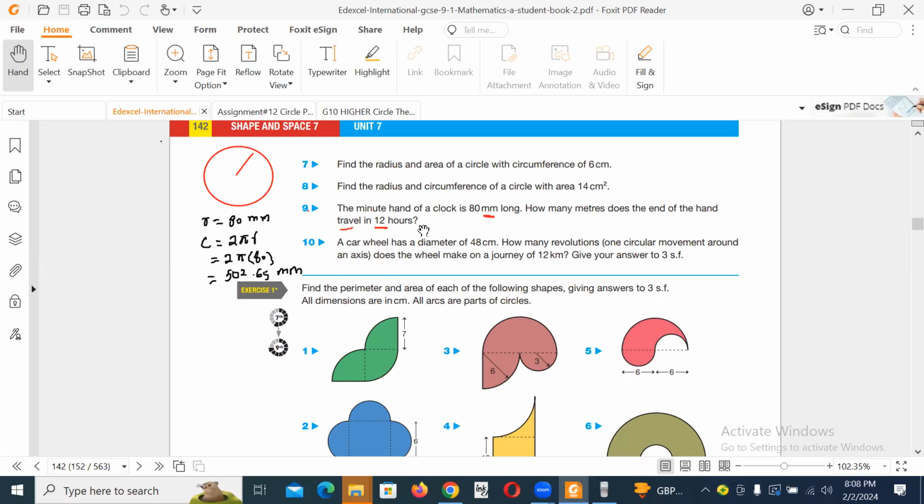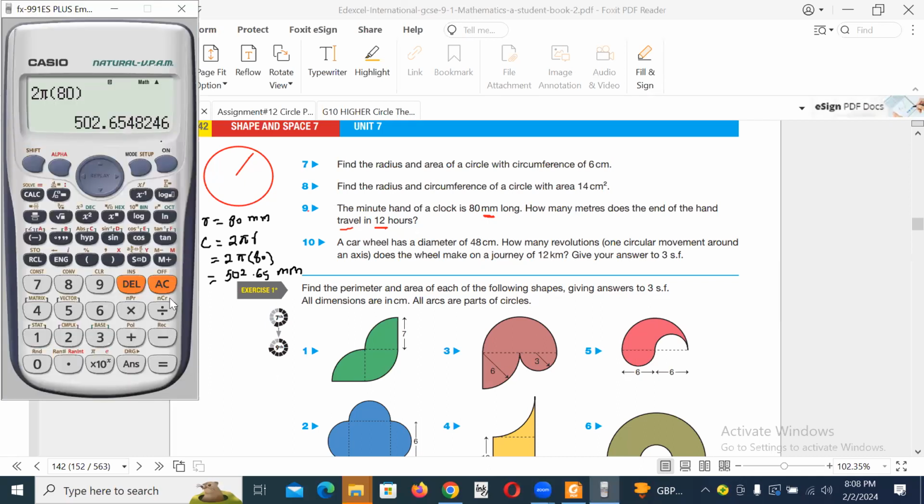They want it for 12 hours. Yes, so multiply by 12. If we bring the calculator again, the same answer you can multiply by 12, and you'll get 6031.86. Remember, we will change into meters as well.